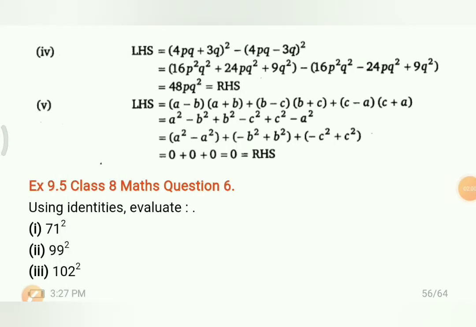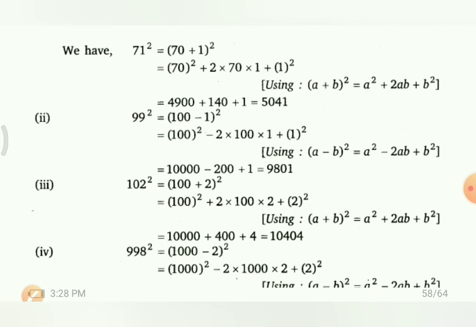Now let's see how to solve question number 6. It says that using identities we have to evaluate 71 square. That means you don't have to multiply 71 by 71 directly. You have to use those identities and try to solve. Let's see how to solve it. 71 can be written as 70 plus 1. So what is a over here?